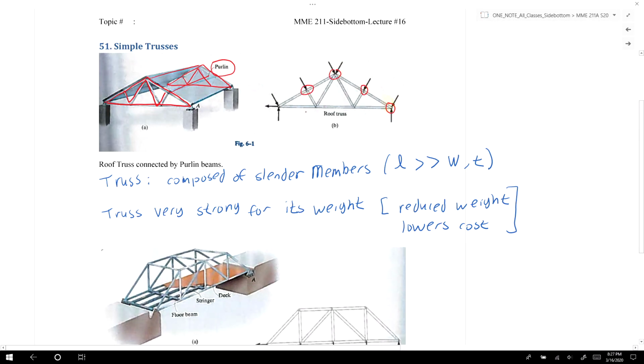Those loads applied at the joints are distributed as forces within the members of the truss, and that is what allows the truss to hold so much weight: the forces are directly applied to the members, and it helps distribute the load evenly throughout those members.